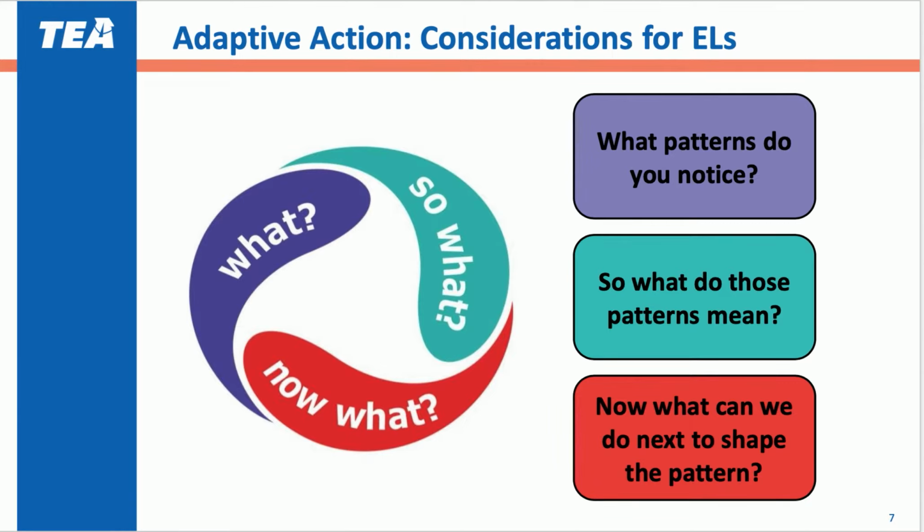What patterns do we see? What is the meaning of those patterns? What can we do to shape them, and what do we need to do in order to shape these patterns?